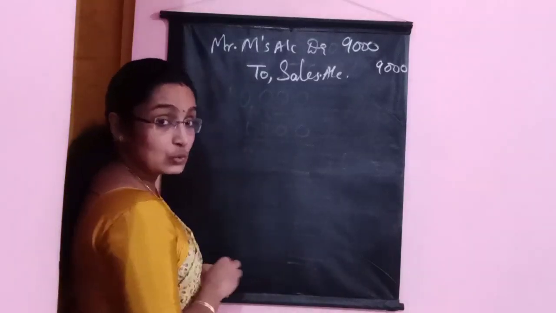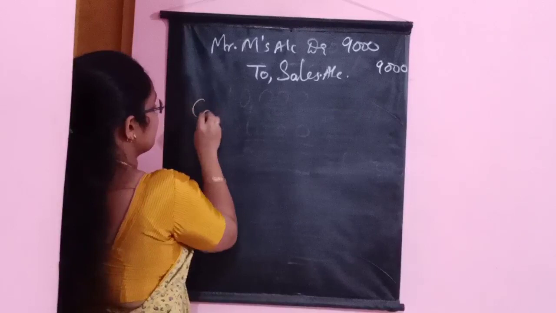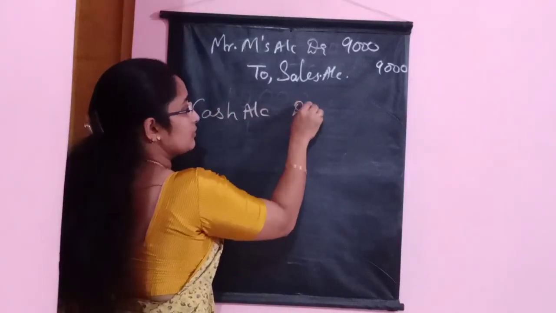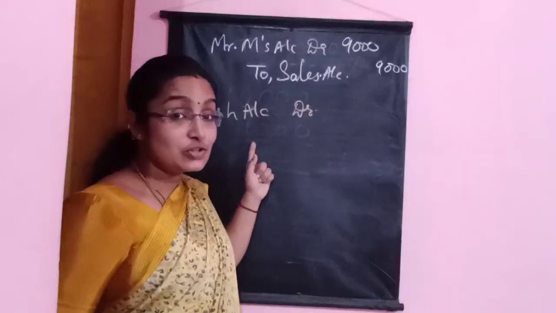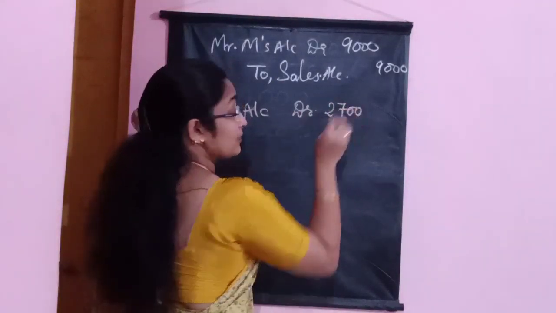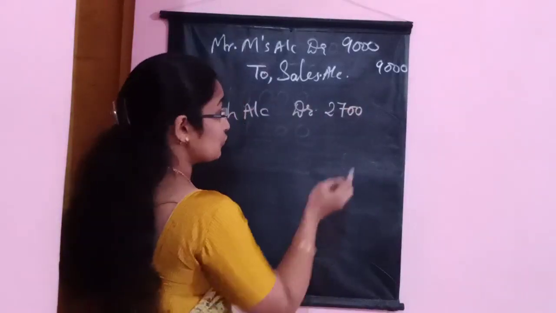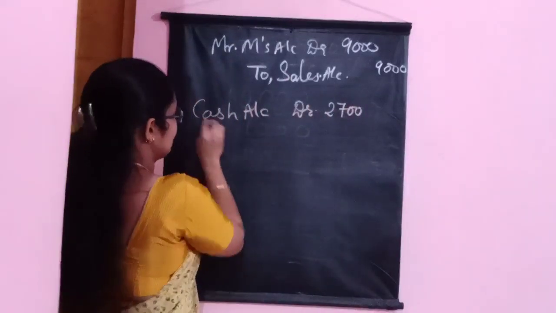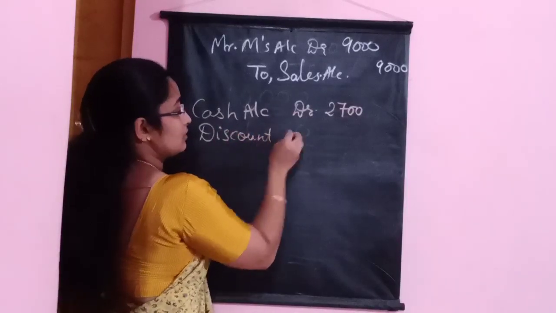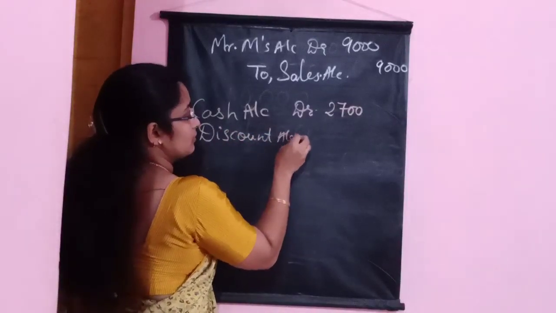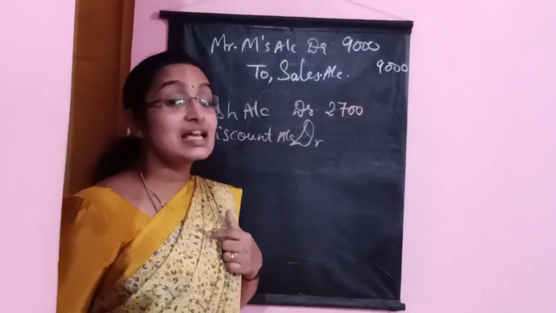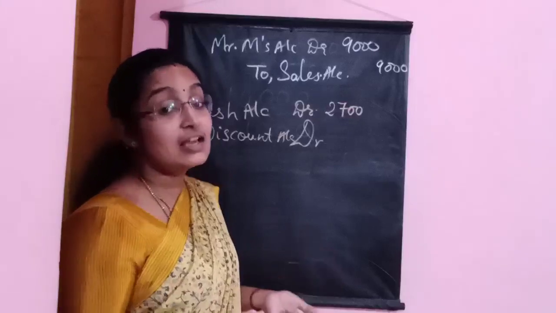So the cash account will be debited first with the amount of 2,700 after reducing the cash discount from rupees 3,000. Discount account, because cash discount is an expense for us, we are giving a discount.